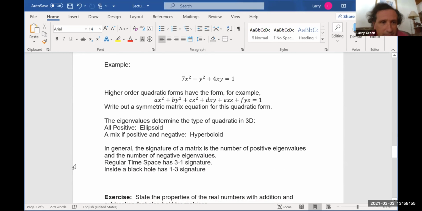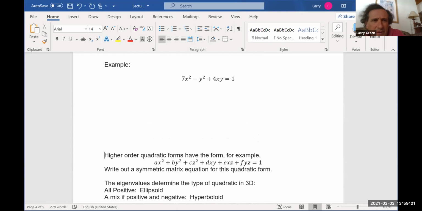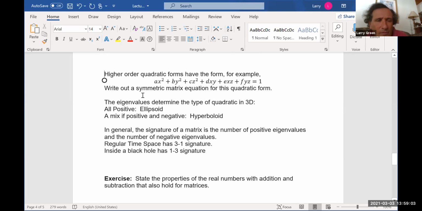Okay, so I want to move on to the next level. Let's suppose you have a higher order quadratic form. Now in third quarter calculus, you got things like x squared plus y squared plus z squared equals 1. What is that in a word?